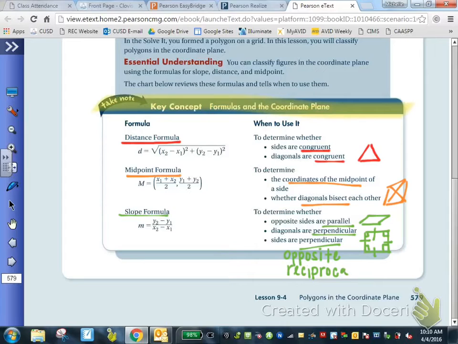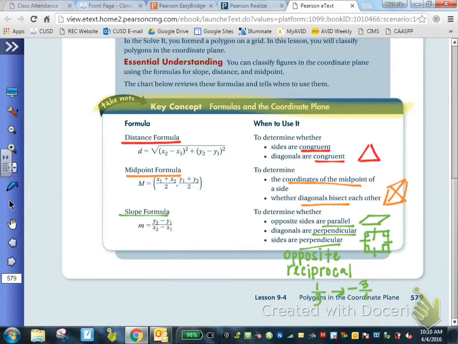Okay, so just as a reminder, opposite reciprocal means it's a different sign, and you flip the fraction. So if I have a slope of 1/3, the opposite reciprocal to that would be negative 3 over 1.